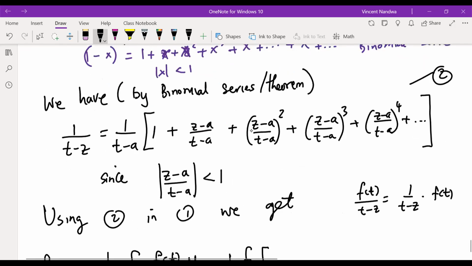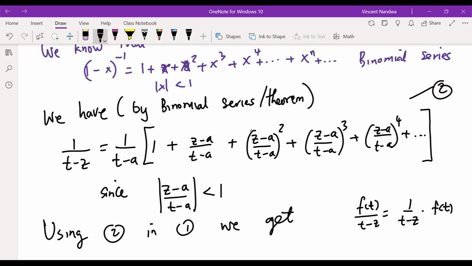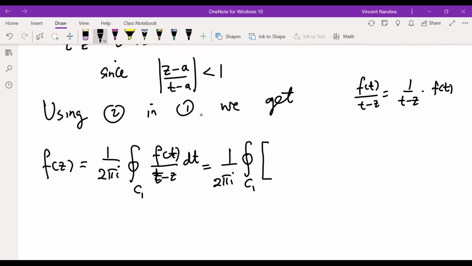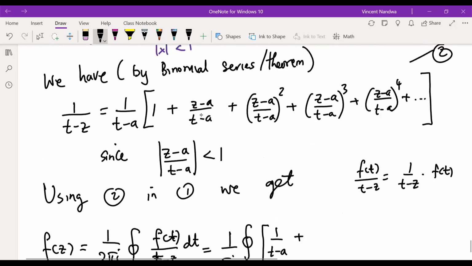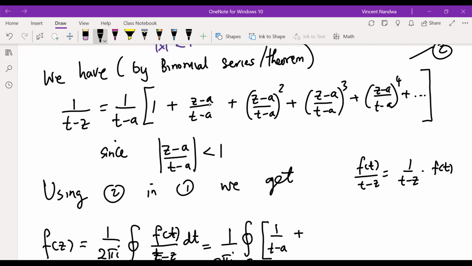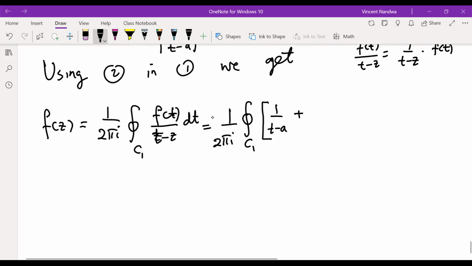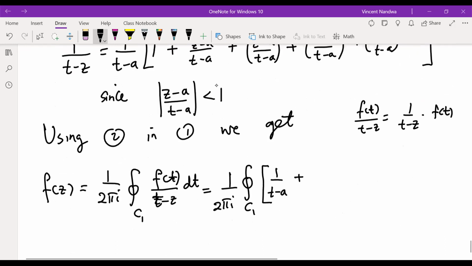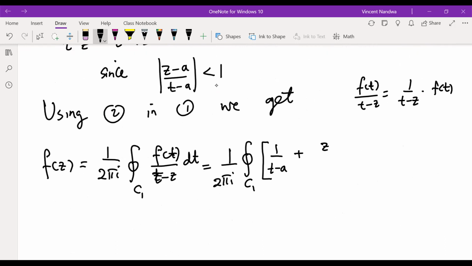So I'll have it in brackets, and I can actually put this (t minus a) inside. So the first one will have 1 over (t minus a) plus, next I'll have (z minus a), but (t minus a) will be raised to power 2, because this is power 1, this power 2. So (z minus a) over (t minus a) squared.